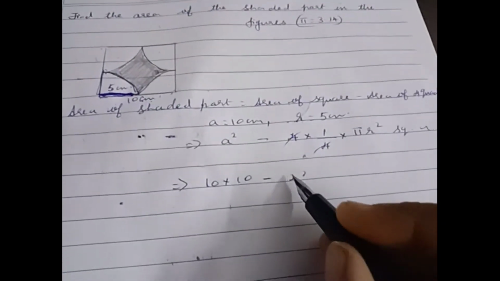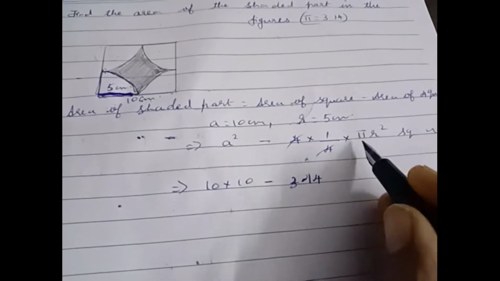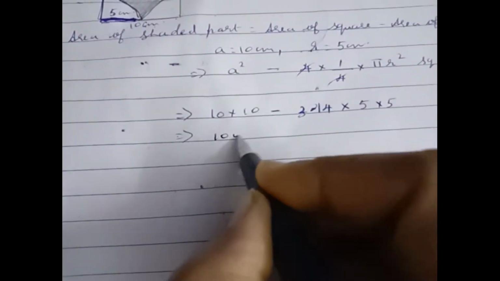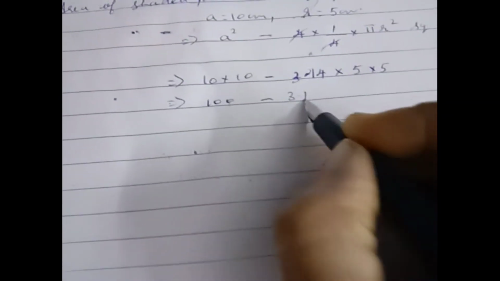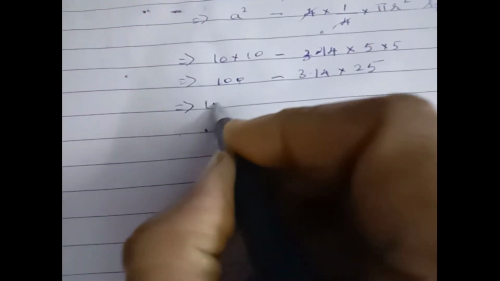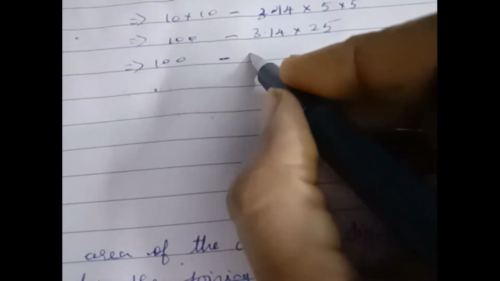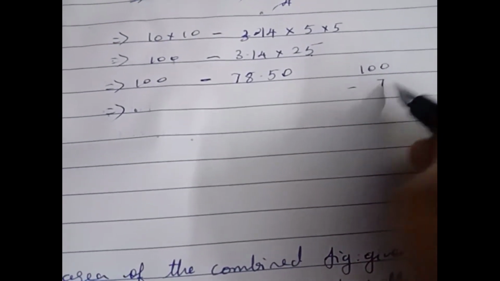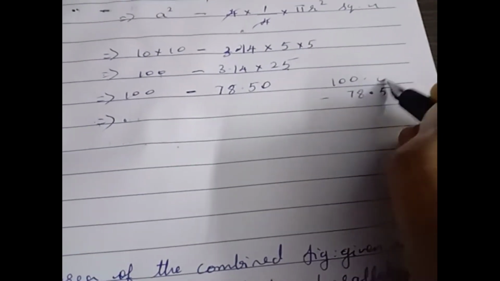So use 3.14 in the place of pi into 5 into 5, which is equal to 10 into 10 is 100 minus 3.14 into 25. So 100 minus, if you multiply 3.14 into 25 is equal to 78.50, 100 minus 78.50.